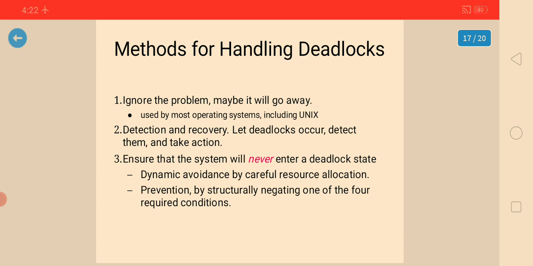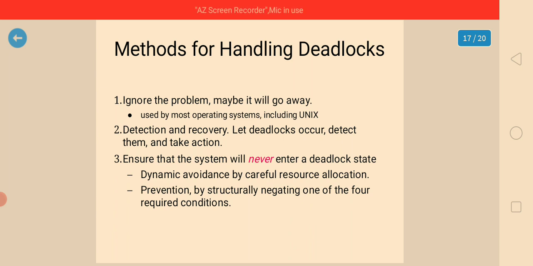So what are the methods for handling deadlocks? Ignoring the problem, it may go away; most operating systems, including Unix, do this. Detection and recovery: let deadlocks occur, detect them, and then take action.